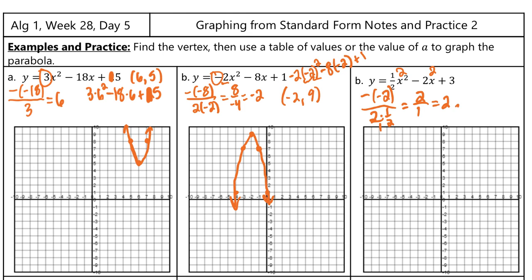So this is 2, 1 for our vertex. It is a positive 1/2, so it's opening up, but it's going to go up half as fast as normal. So instead of out 1, up 1, it's out 1, up a half. And then out 2, instead of up 4, up 2. And then draw a parabola.